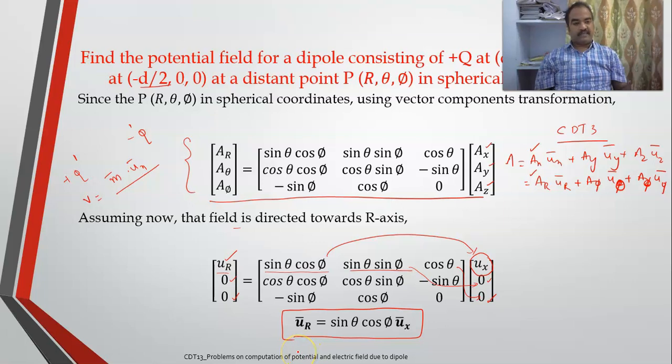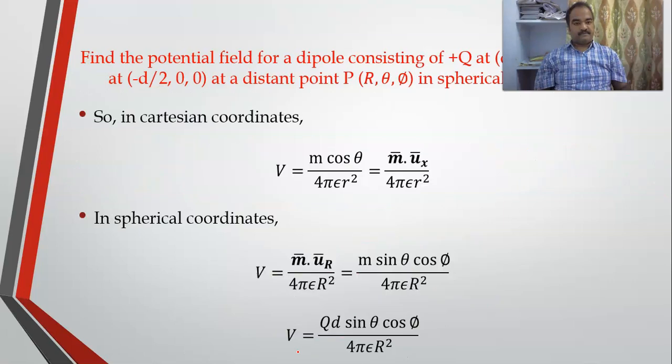I am just transforming the vector from Cartesian coordinates to spherical coordinates. My earlier expression, now converted into spherical coordinates, gives instead of ux, ur, which is equal to sine theta cos phi of x.